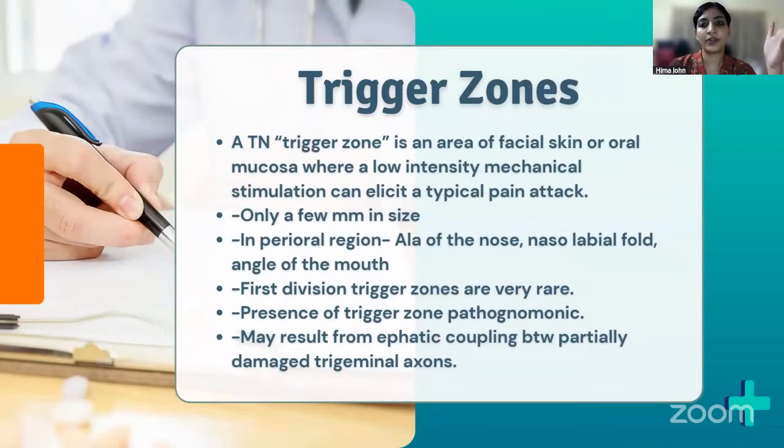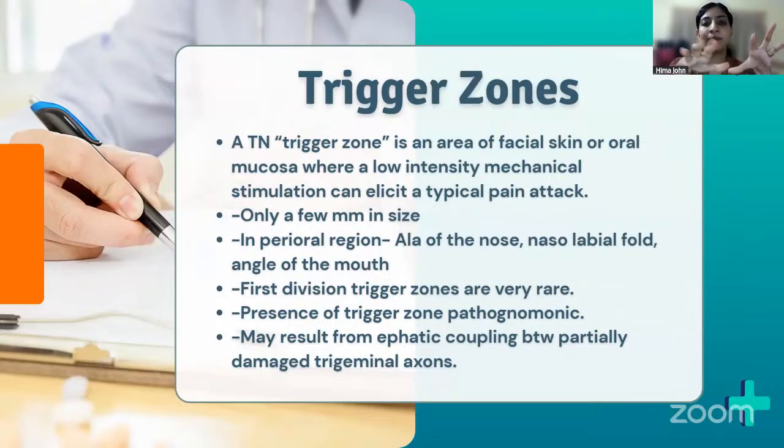Now, what are trigger zones? A trigger zone is basically an area of facial skin or oral mucosa where a low-intensity mechanical stimulation, that is something as light as a small touch itself, triggers the pain. Now, when you write about trigger zones, it will be very beneficial if you can draw a nose and lips and the alar-tragal line and just circle out these areas. That is the alar of the nose, angle of your mouth, and the alar-tragal area.